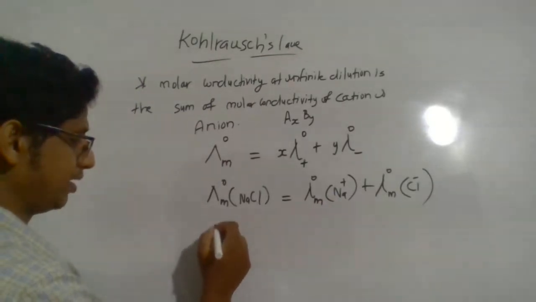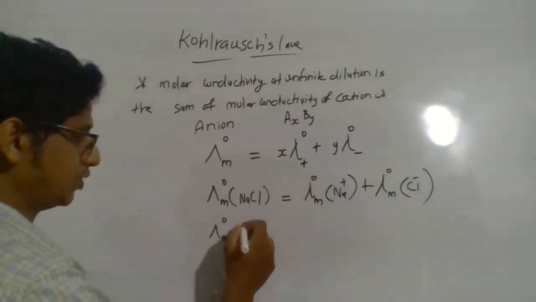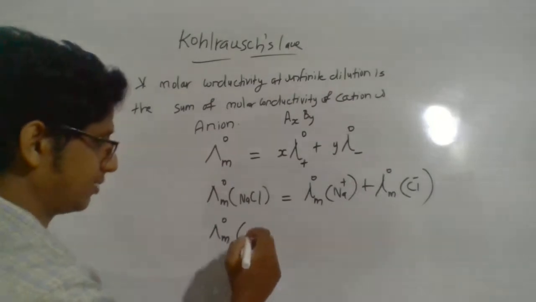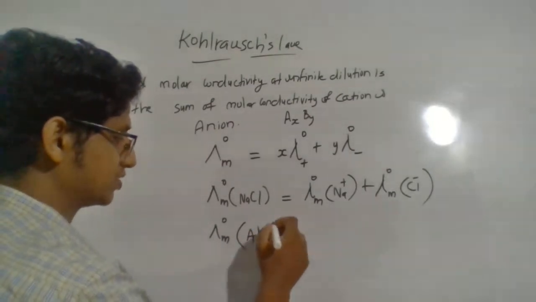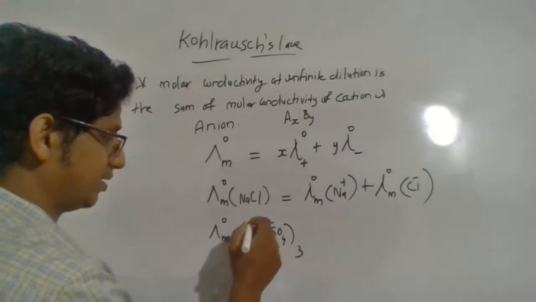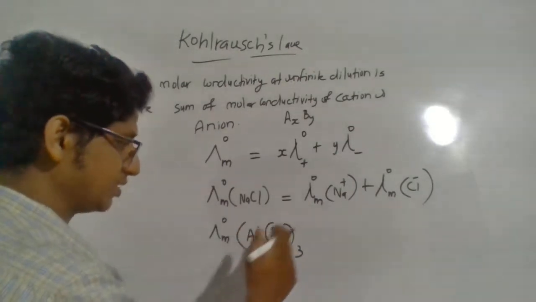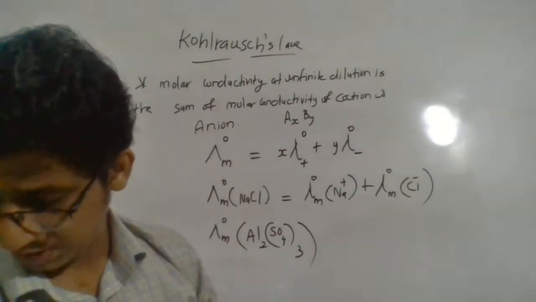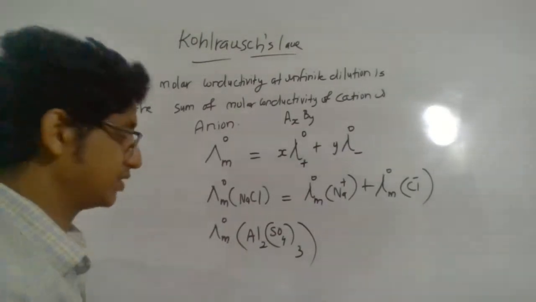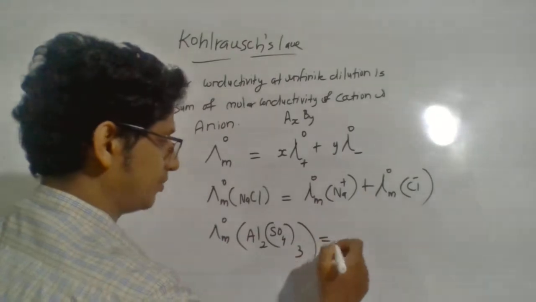Now lambda m0 of another electrolyte, this time aluminium sulfate. The formula has to be Al2(SO4)3, because aluminium is plus 3 charge, sulfate is minus 2. So if you interchange it, the formula of aluminium sulfate will be Al2(SO4)3. So now look at the molar conductivity value.